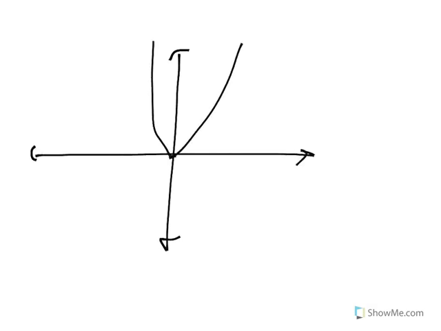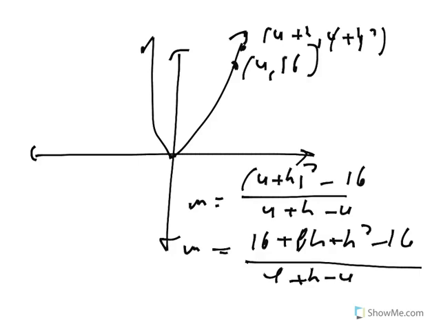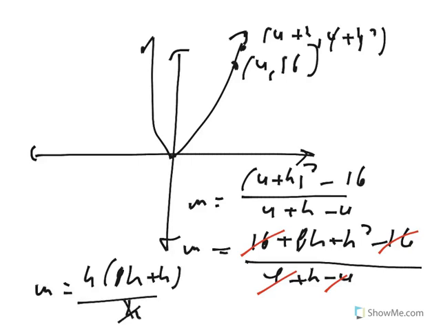Now, if I do this process for a different point, like 4, 16, and use 4 plus h squared, this happens, and the 16's cancel out, and the 4's do, and just like before, I can factor out the h and cancel the h.